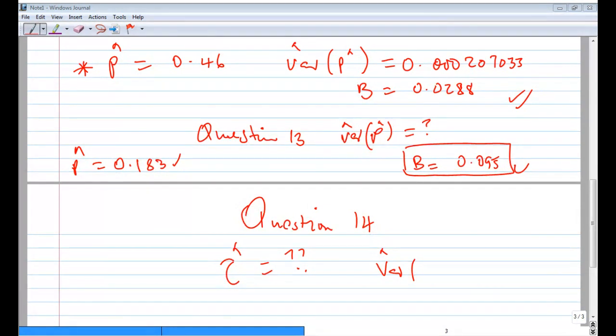What was the question? Estimate the total number of vouchers. Okay. Then place a bound.